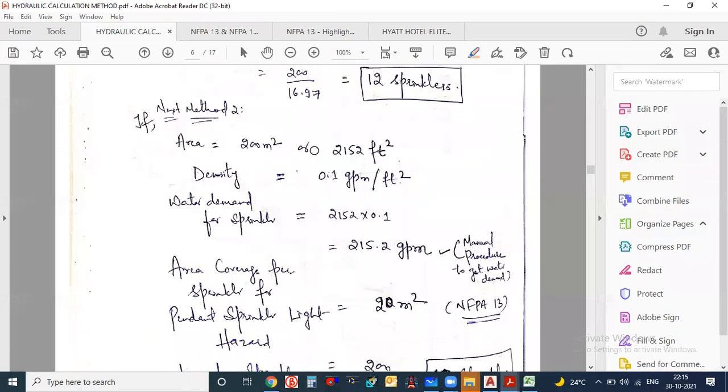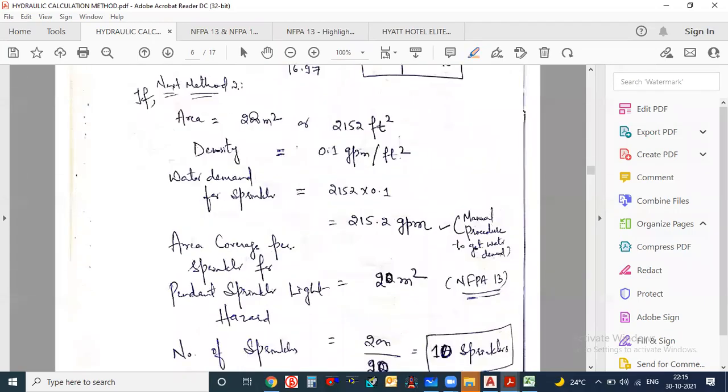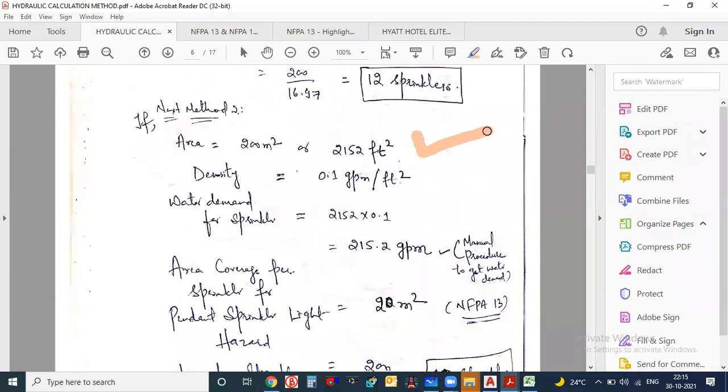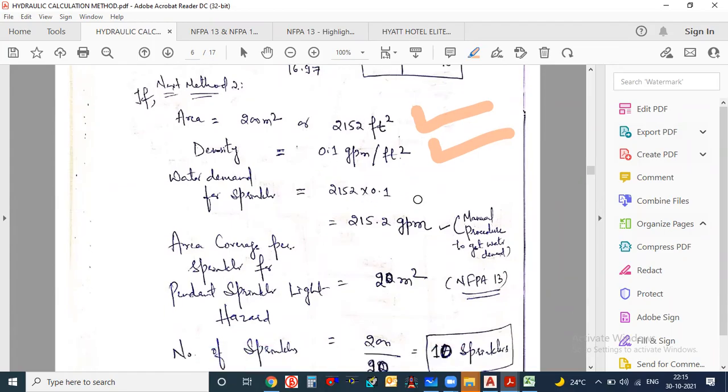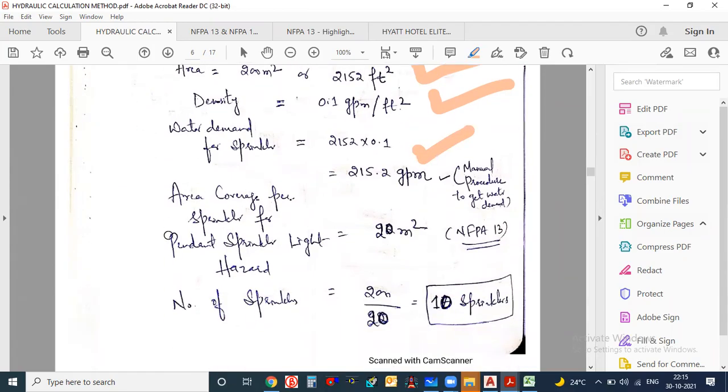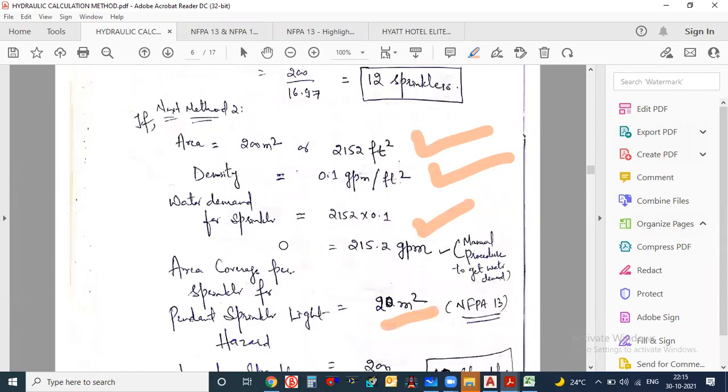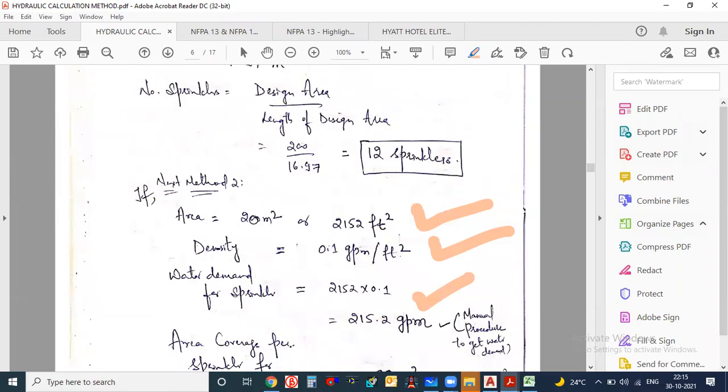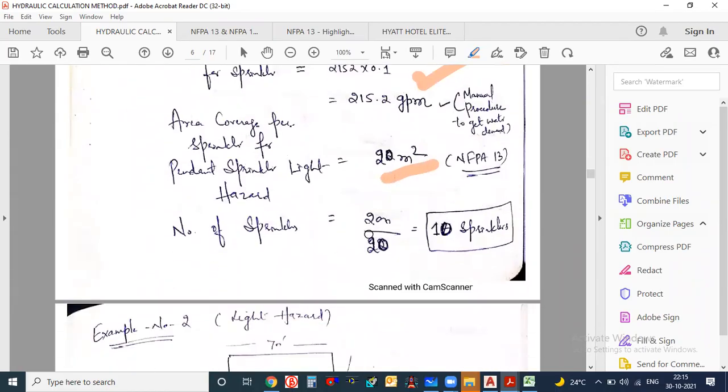There is one more method given in NFPA 13 only. Here you just convert the area into square feet, get the density, the water demand for the sprinkler, and multiply area into density. You will get 2152 GPM. Area coverage for one sprinkler is 20 square meter, and we have an area of 200 square meter, so just divide that by 20.